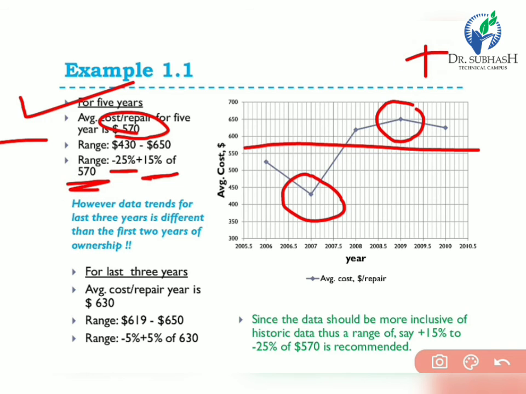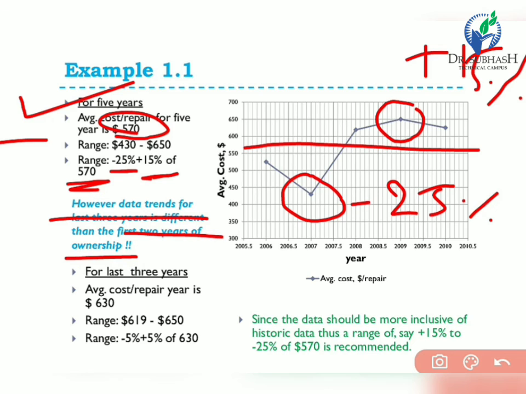570, means it's plus 15%, and 25% in negative. So from this data we learn that the last 3 years are different from the first 2 years of ownership. We calculate here for the last 3 years. For the last 3 years the average cost per repair is $630.